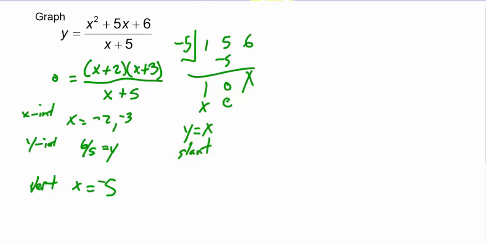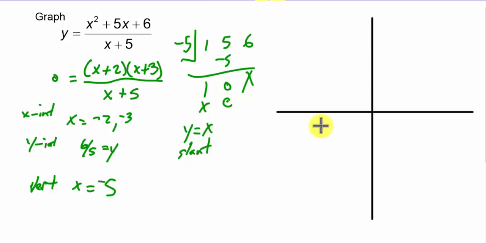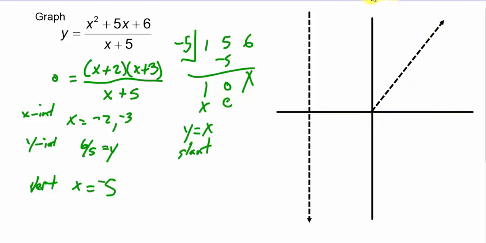Set up our axes. Draw in our asymptotes. Vertical of -5, let's call that roughly here. Y equals x, something like this. Extend that a little bit. See if I can do that, like so.